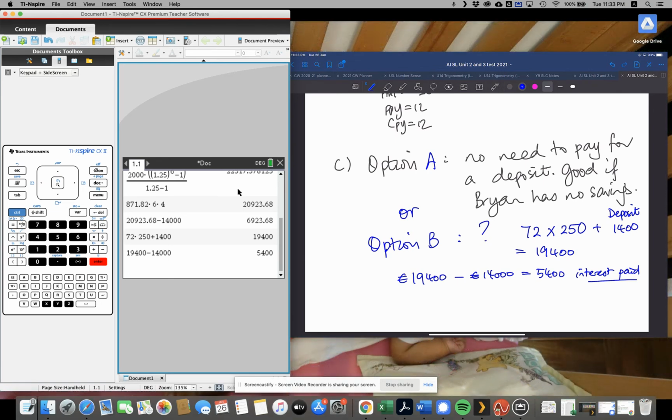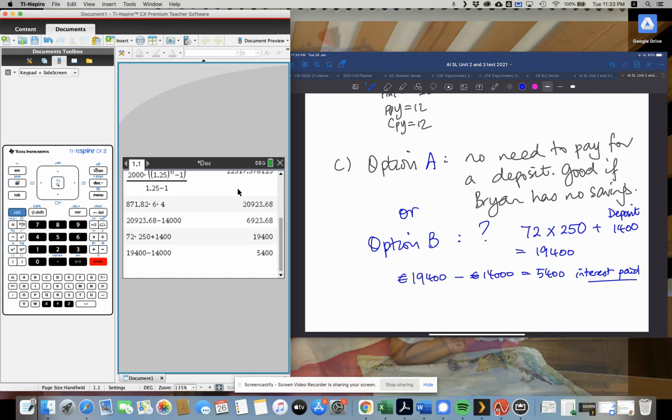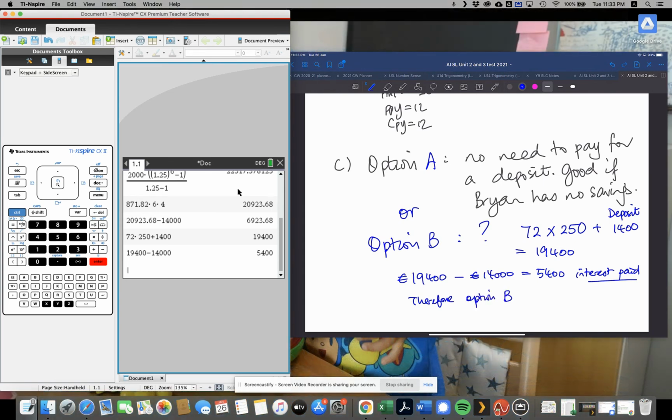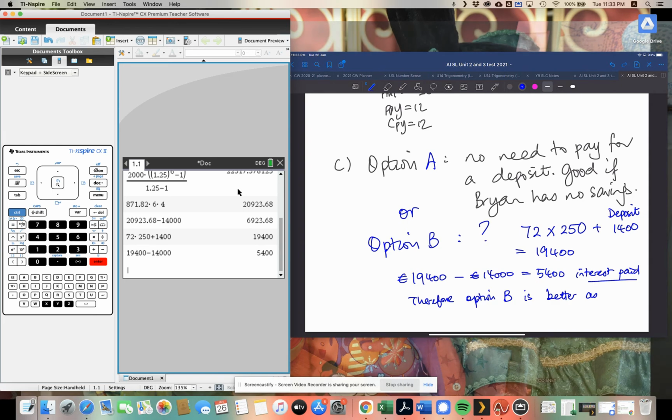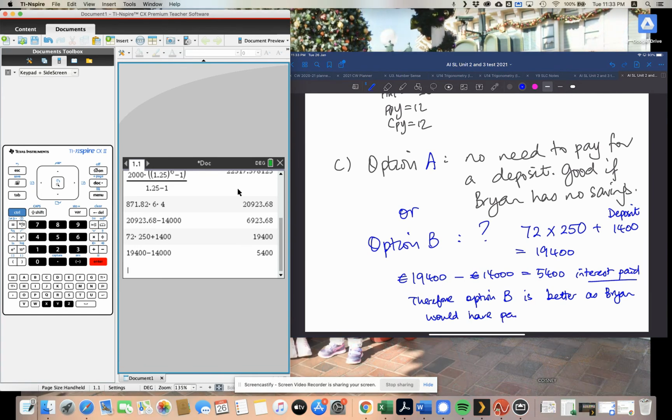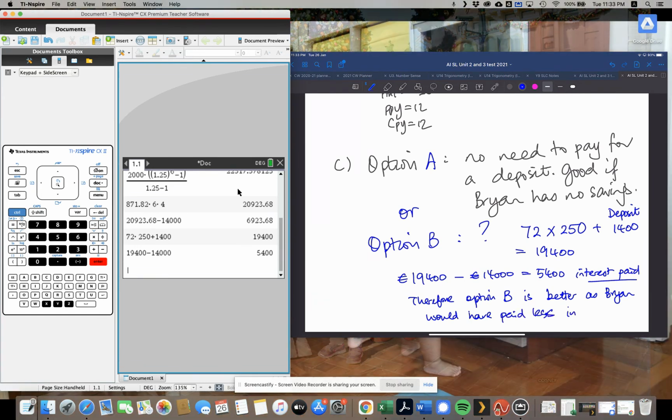You show the evidence, and then you can conclude, therefore, option B is better, as Brian would pay, or would have paid, less interest.